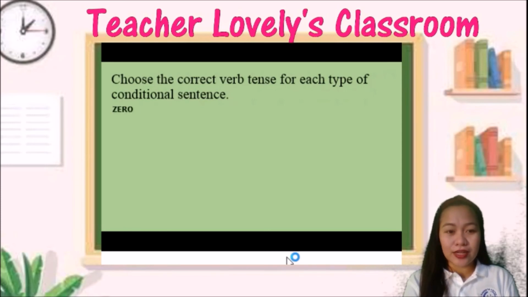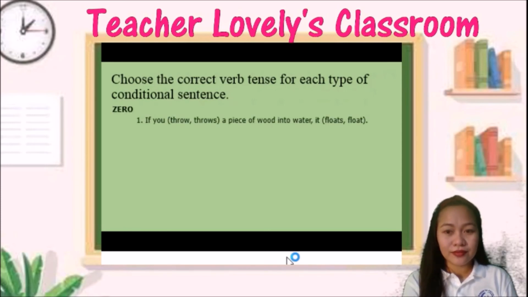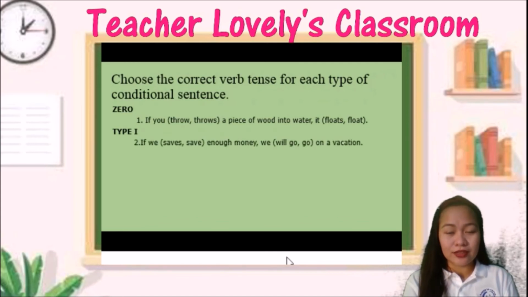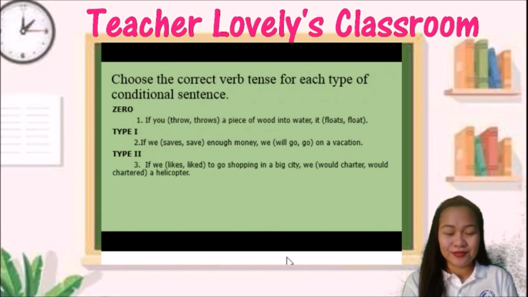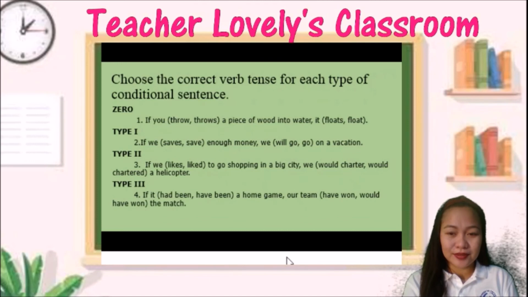For zero conditional, for first conditional, for second conditional, and lastly, for the third conditional. Please be careful with the different verb tenses for each type of conditional.